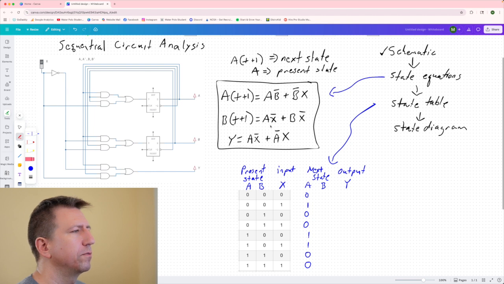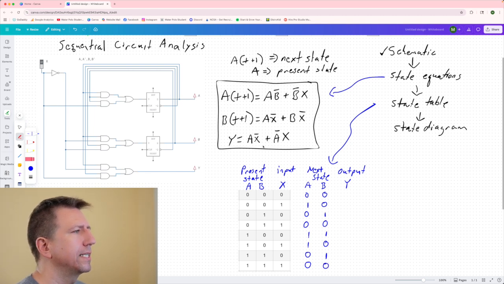And so we'll do the same thing for B. A X bar, so when A is 1 and X is 0. And so we have a 1 here and a 1 there. And then B X bar, so when B is 1 and X is 0. B is 1, X is 0 there. B is 1, X is 0 there, but we already had that one. So we have this.